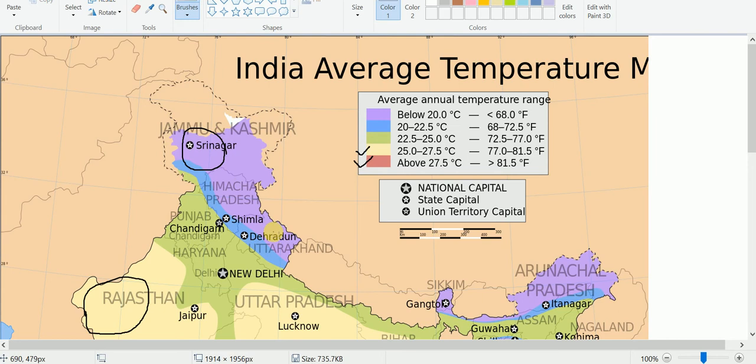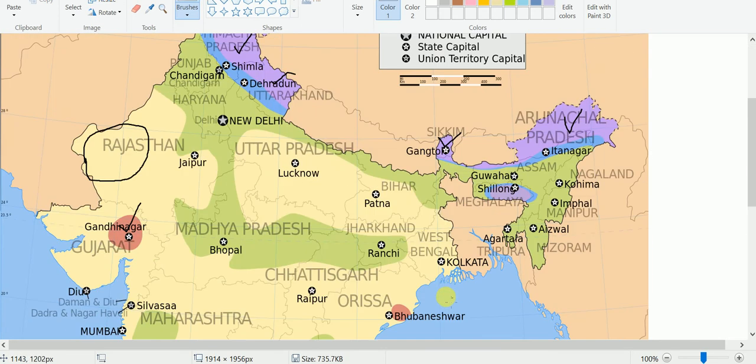So in this way, we find a lot of variation in the temperature conditions. Other areas like the Ladakh region, Himachal Pradesh, Uttarakhand, Arunachal Pradesh, and Sikkim recorded low temperature, whereas the northern plains and Rajasthan record high temperatures.